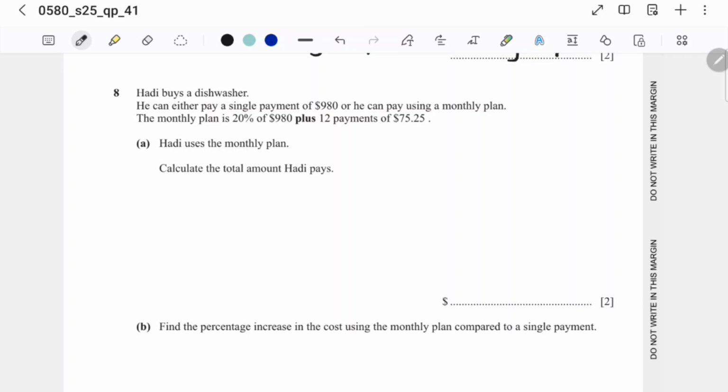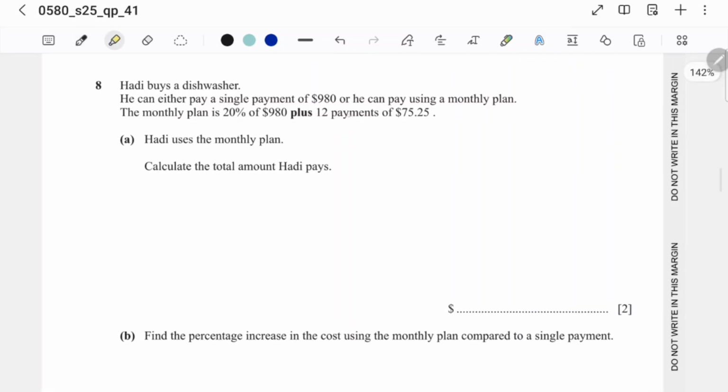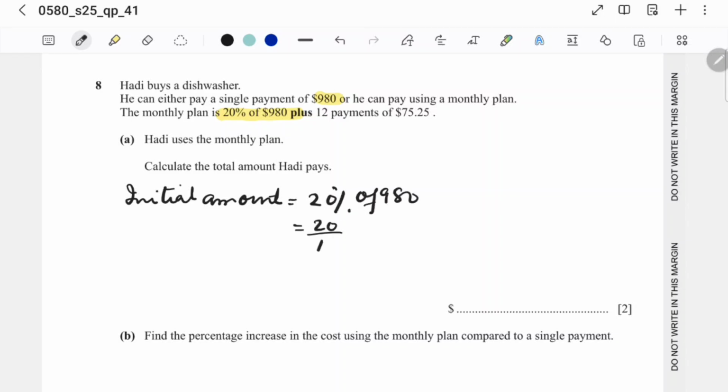So in the monthly plan, he paid some initial payment which is 20% of the price. The price is $980, and the initial amount, or you can say the down payment, is 20% of 980, and 20% of 980 is equal to 196.